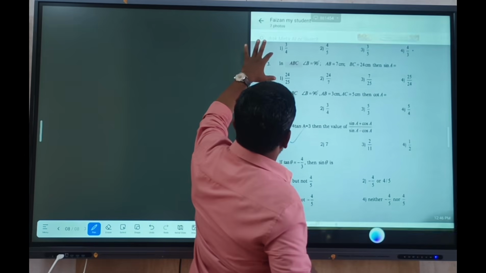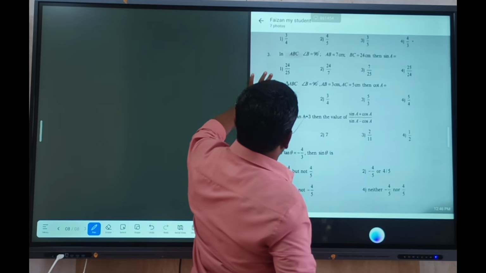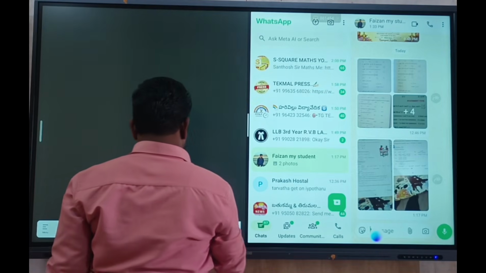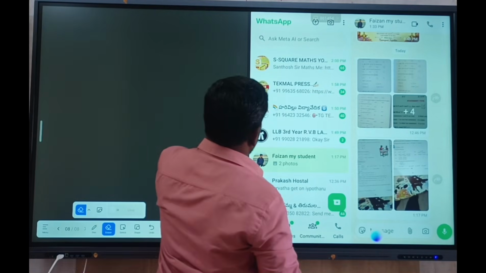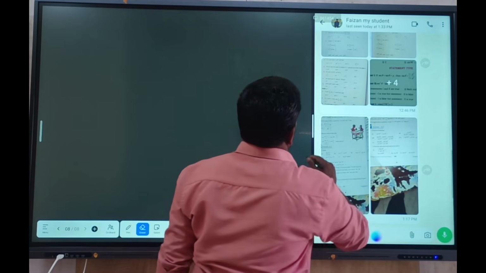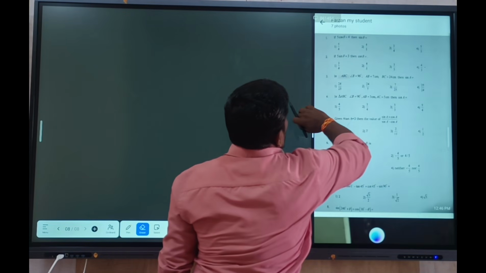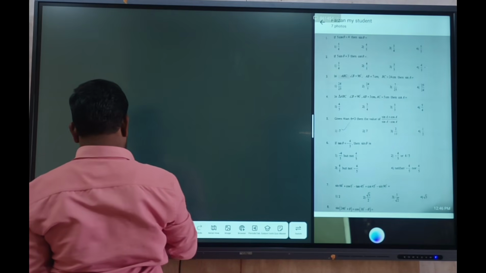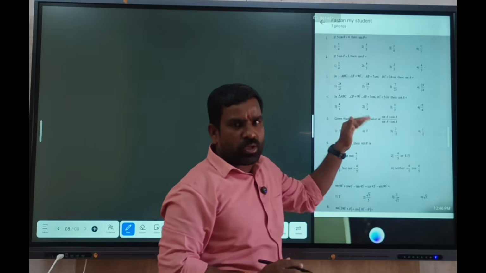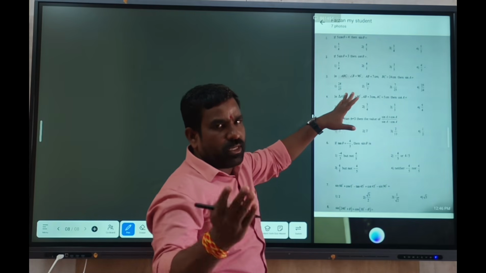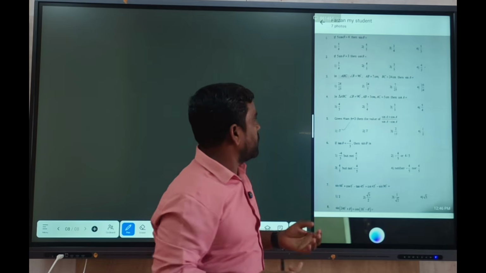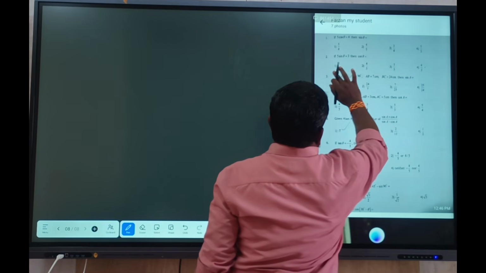These are IIT questions, very very important, repeated more than many times. This is for all competitive exams. Use the short method or smart method, don't use the long method here. Now I am taking the second question.